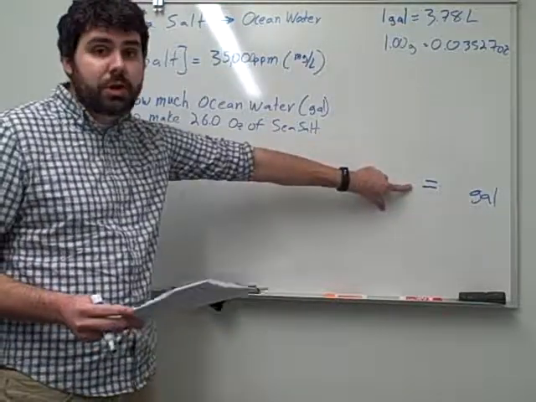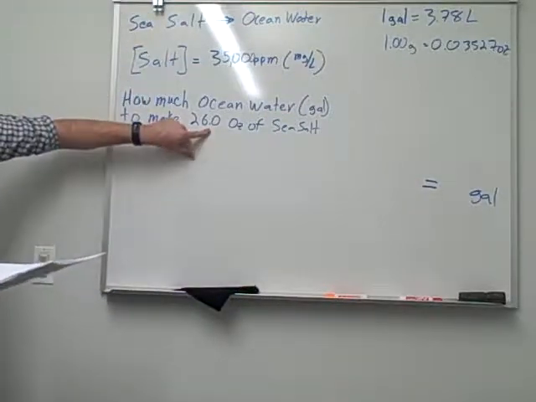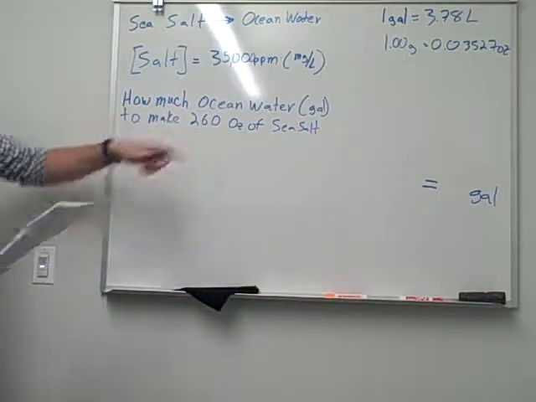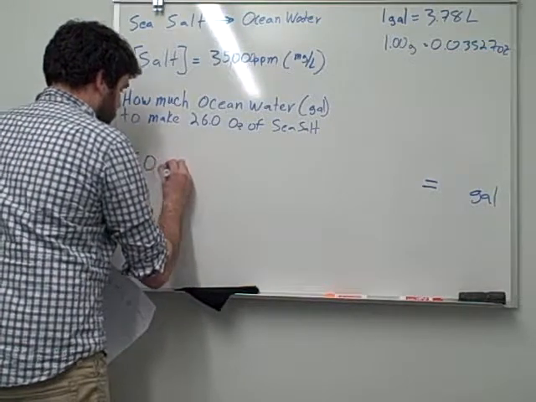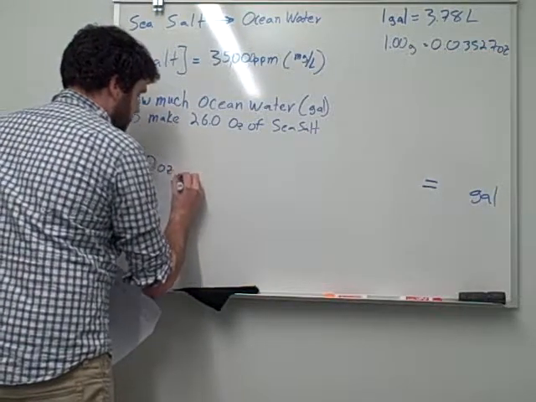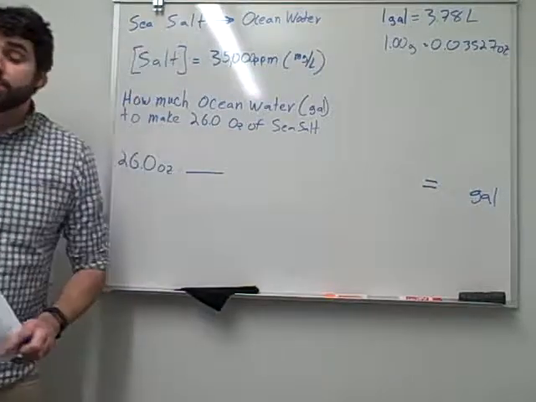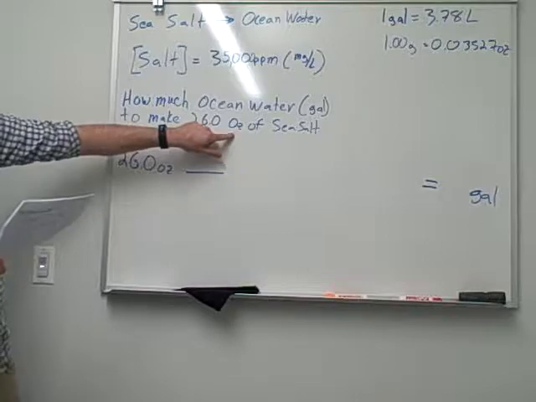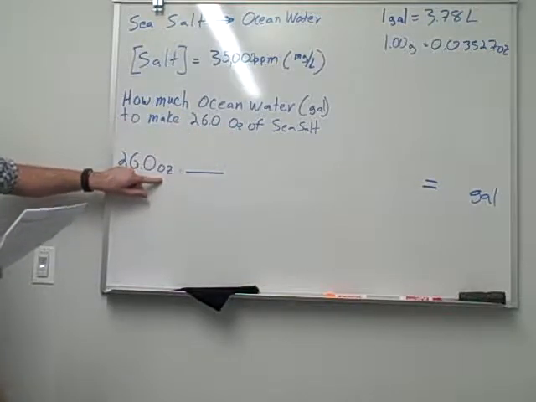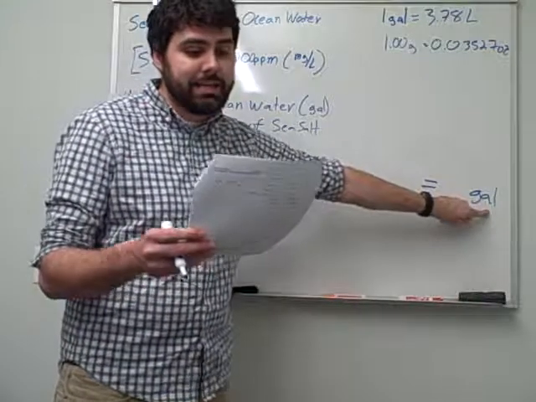And in terms of what we're starting with, we know we need to make 26 ounces of sea salt. So what we're going to do then is essentially use our equivalences that we're given in order to convert ounces all the way into gallons.